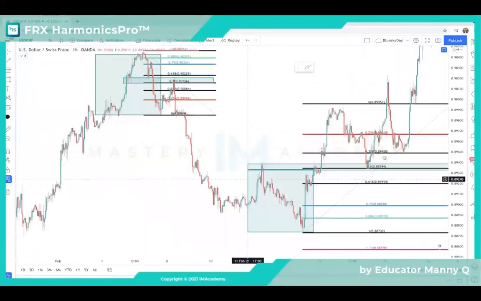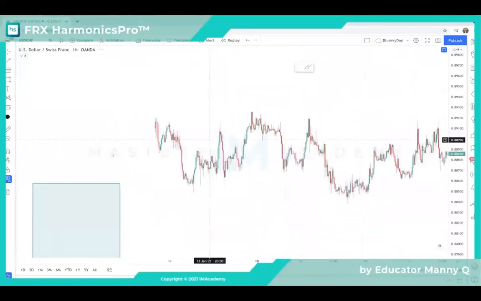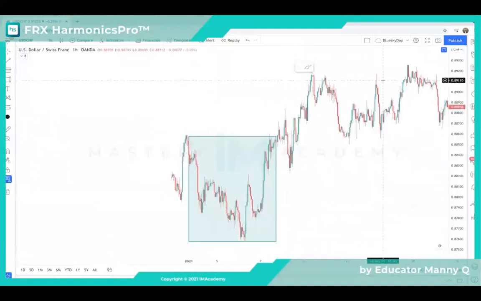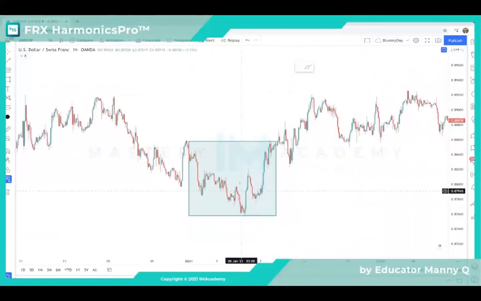All right, let's keep it moving. I want to just simply go to that 3-line strike. I want to see where that was at. As we can see over here, this was that morning star. Remember, we had the bear candle, we had the doji, and we had the bullish. This was the evening star, pardon me, this was the morning star.